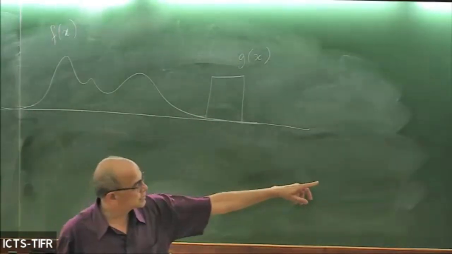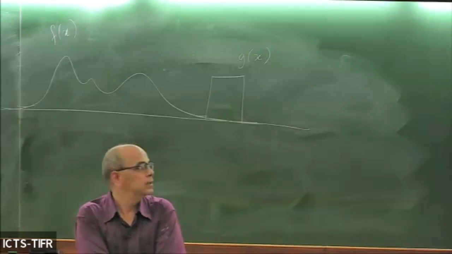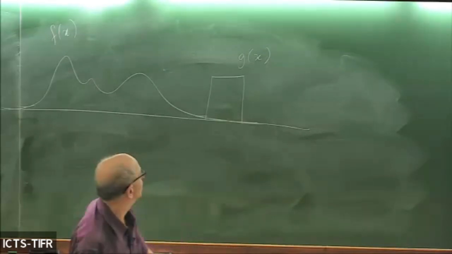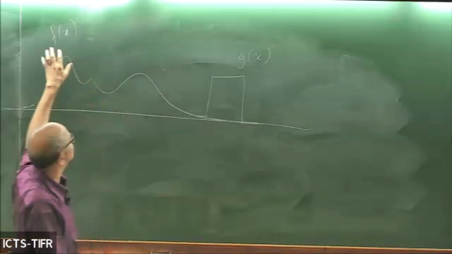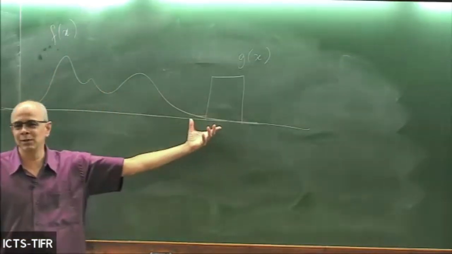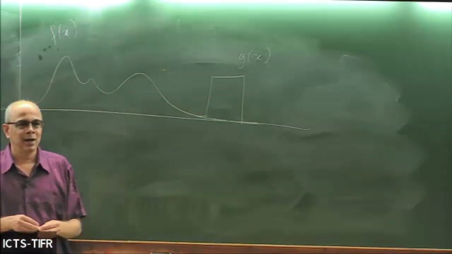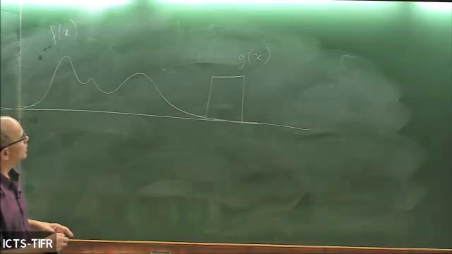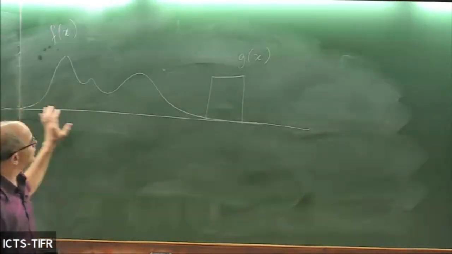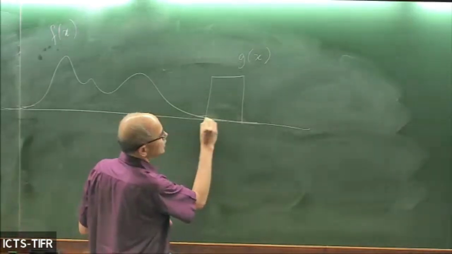The intuition here says that p of x should be close to the product of g times f. g is exactly 0 outside this interval, suppose, for the sake of this argument. So then the product is going to be 0 outside and a small value in between here.